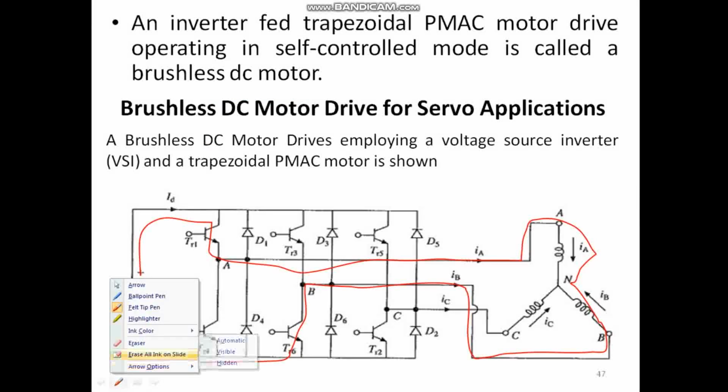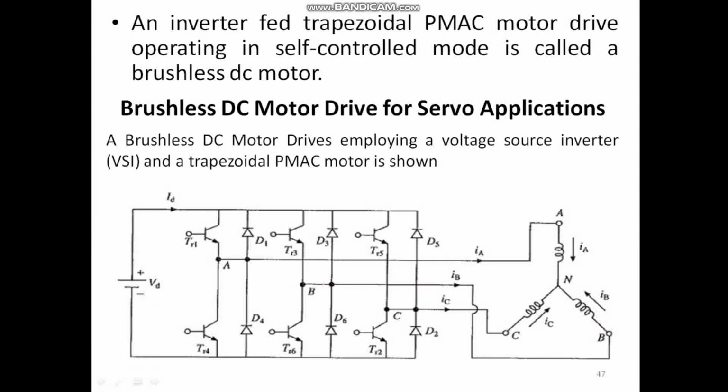When TR1 and TR6 are turned off, it means now this is not working and this is also off. The current will flow through the path consisting of phase A, it will come through diode D3.